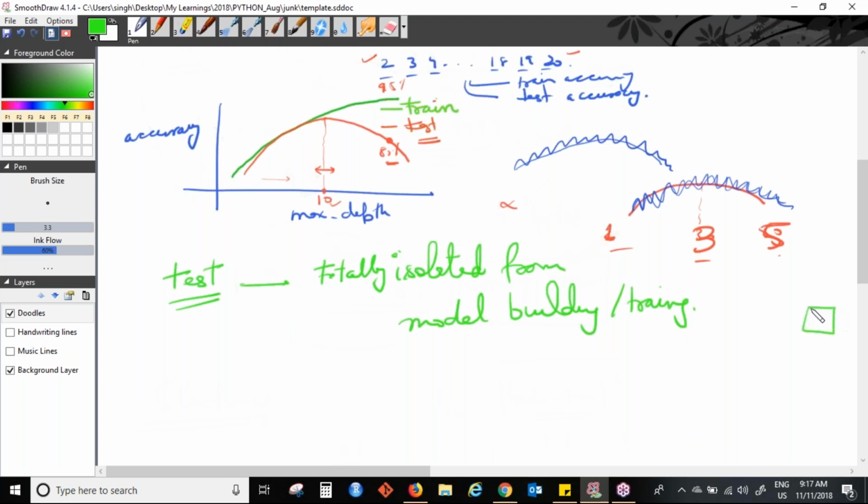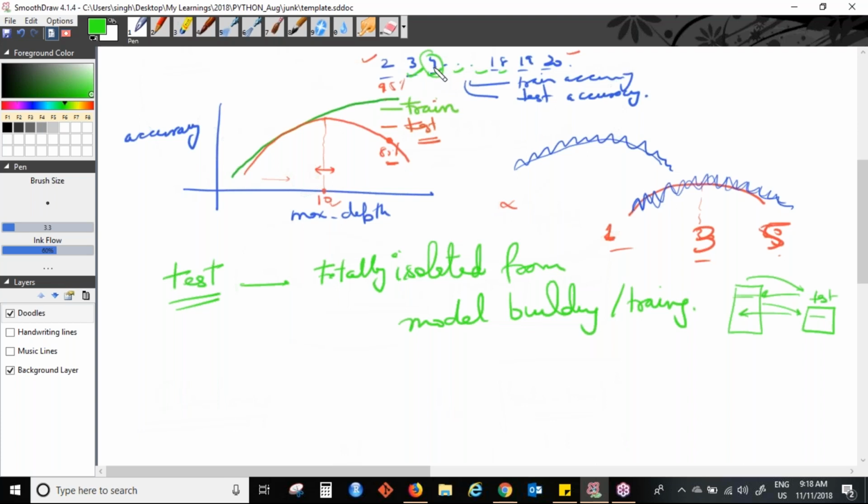It is like you already know what questions are going to come in the exam and you are training based on that. You go there, look at what questions are coming, come back and learn that type of question, then again go back, look at what type of questions are coming, and again come back and learn. This is similar to what we are doing here, right? We are looking at which value of max depth gives the best test data accuracy. Let's say at 4 it is not best.